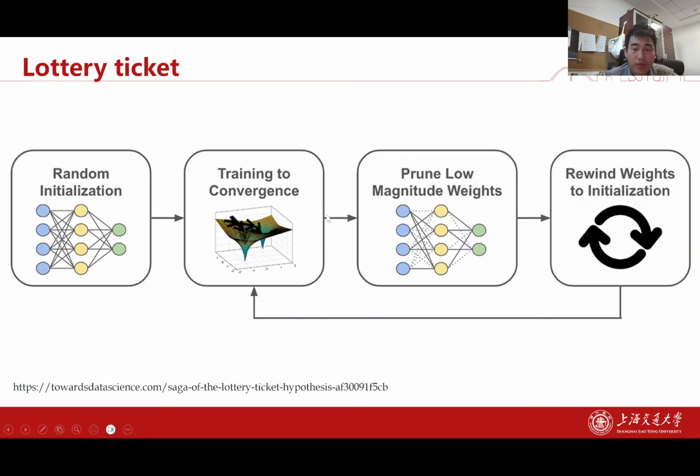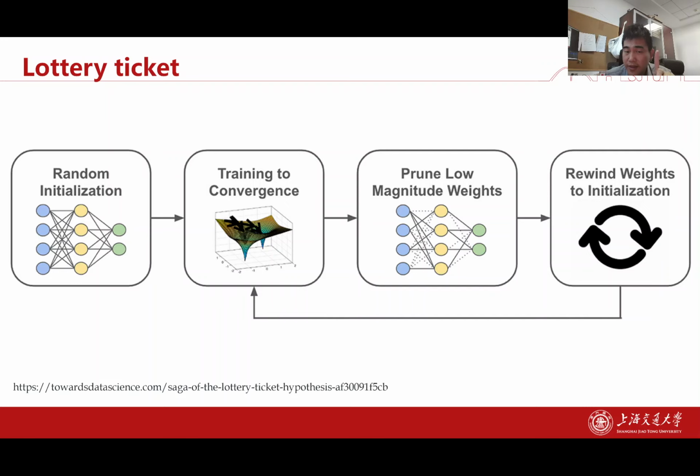Then we train the neural network. After the training, some parameters have very, very small magnitude, so we can just prune them to 0. And the accuracy almost does not change. This is a very normal pruning process.